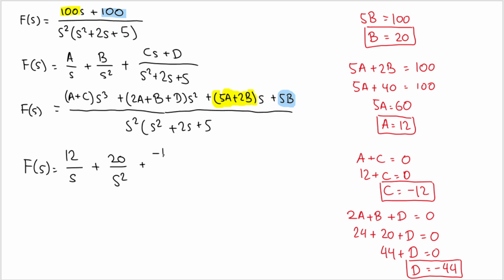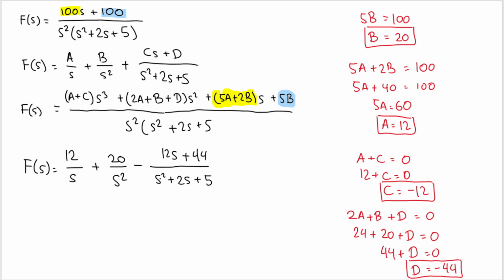C is minus 12 S. And then D is minus 44. Minus 44 divided by S squared plus 2S plus 5. Okay, maybe to make it easier to read, we take out the minus sign here. So we will have minus sign here, and then we will have plus sign here.